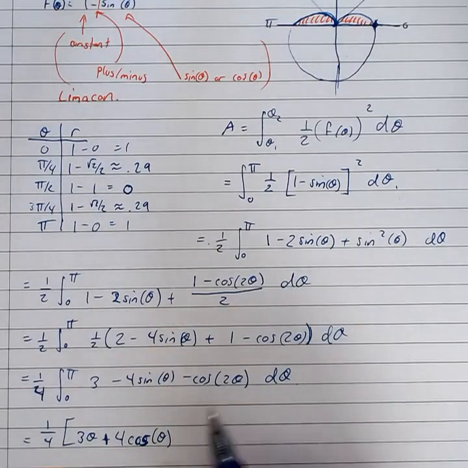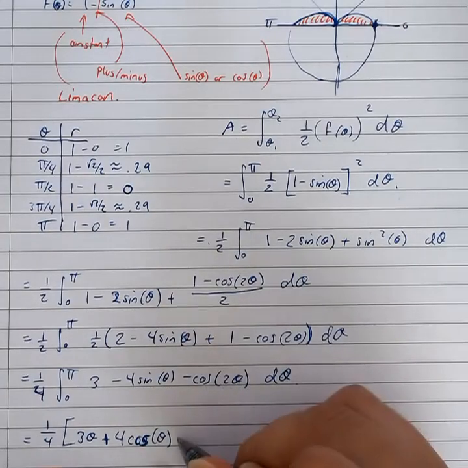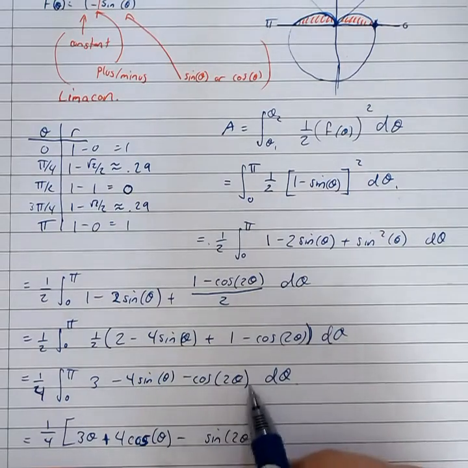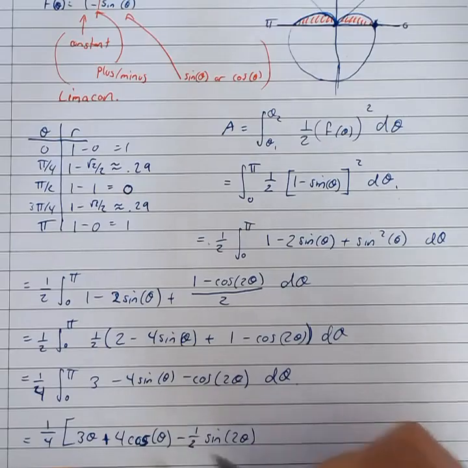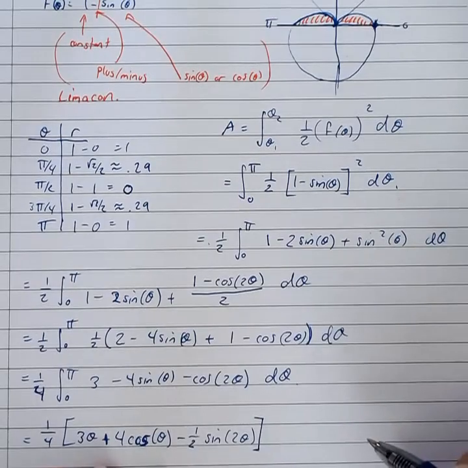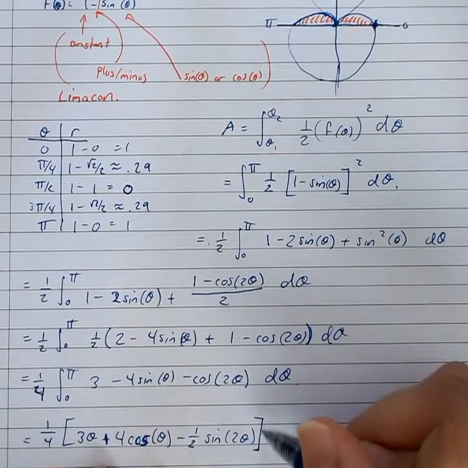And now over here I'm going to take the integral of negative cosine of 2 theta, which will give me negative sine of 2 theta. But since that's a double angle, since that's an angle that's not just regular old theta, I have to use the chain rule, which gives us an extra 1/2 right here. Normally I'd say plus a constant of integration, but of course this is being evaluated from 0 up to pi.